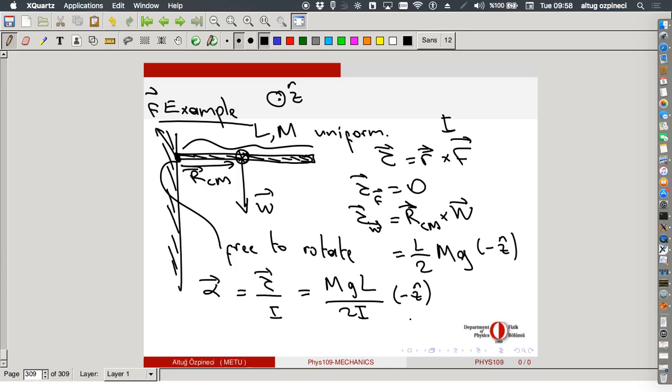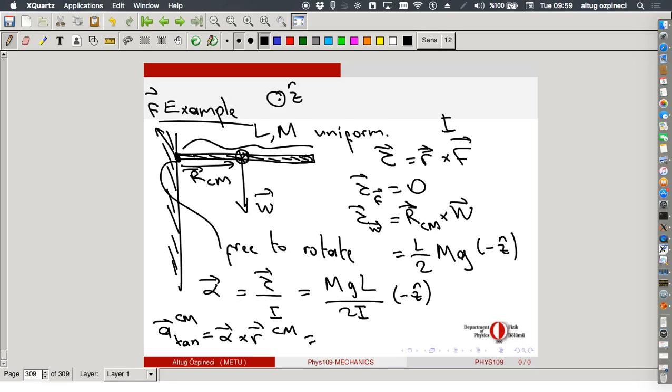This is alpha. Now we already know one thing: the tangential acceleration is equal to... no, omega cross... alpha cross r. Now we want to find the acceleration of the center of mass, so it should be alpha cross the position of our center of mass.